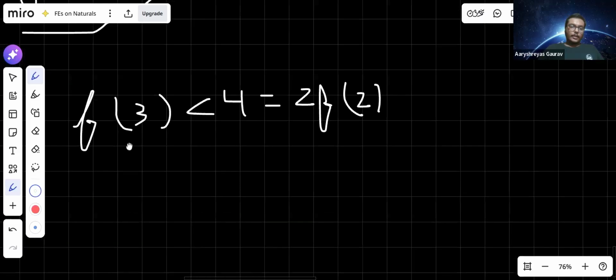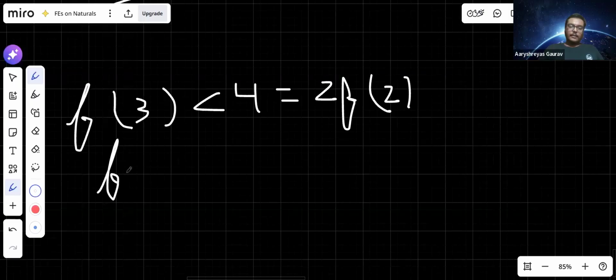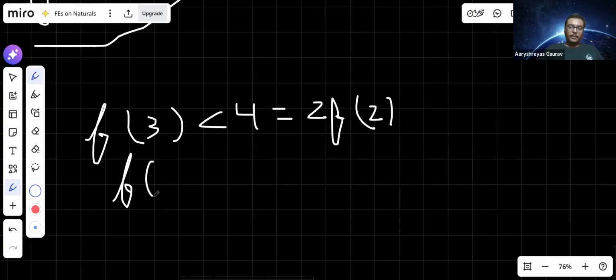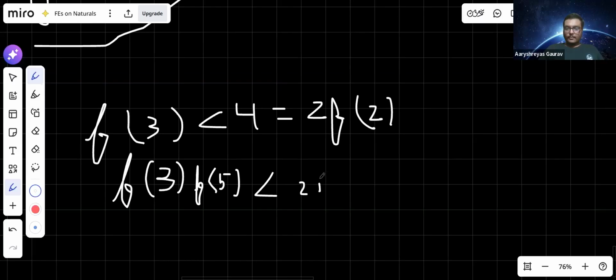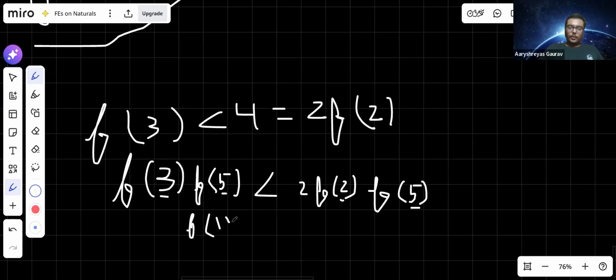Now, since we don't want to end up with really big numbers and we are working with co-primes, the best option to do here is actually multiply f of 5 on both sides. Why I'm doing this will be clear in a few more steps. See, we can see 3 and 5 are co-prime, 2 and 5 are co-prime. All we have to do is prove that f of 15 is less than 2 times f of 10.